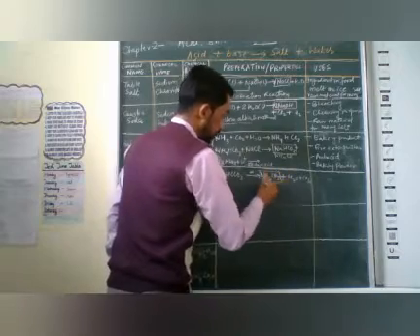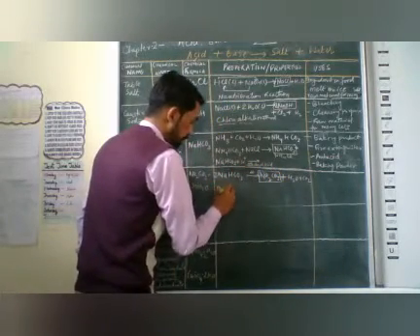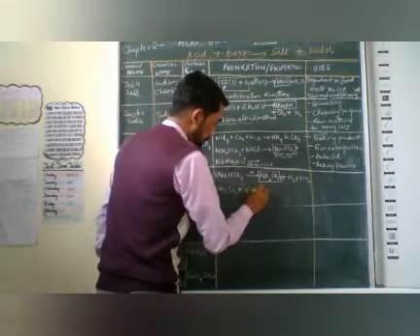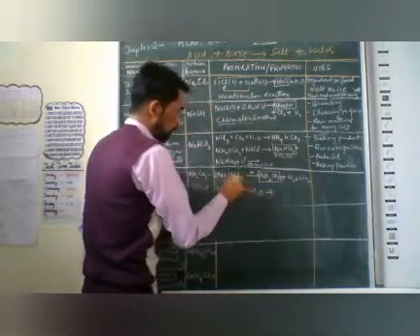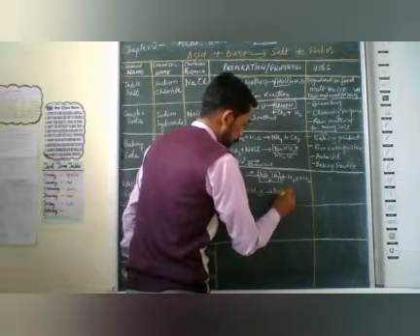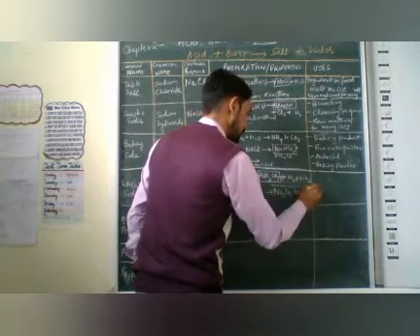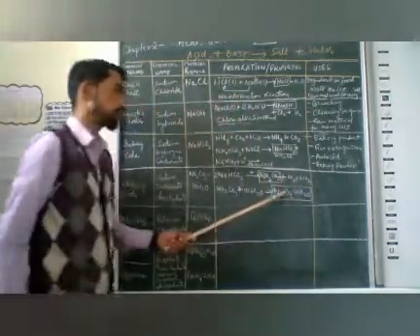This is sodium carbonate, but when sodium carbonate reacts with 10 molecules of water, it will give us Na2CO3·10H2O. So this is the formula of washing soda.